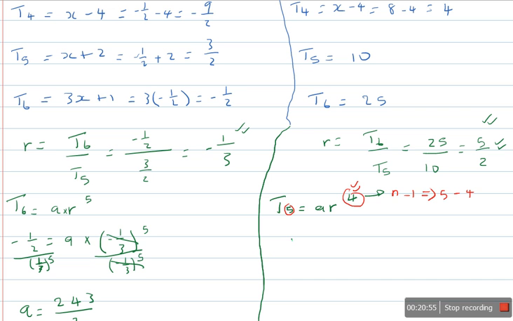So sesishilo, so t5 is equal to a r to the power of 4, and then t5 sinawo now t5 uba u10, so sizomfaka la, so 10 is equal to, sifuna ivalue a multiplied by r, sitholile ukuthi it's 5/2 to the power of 4.